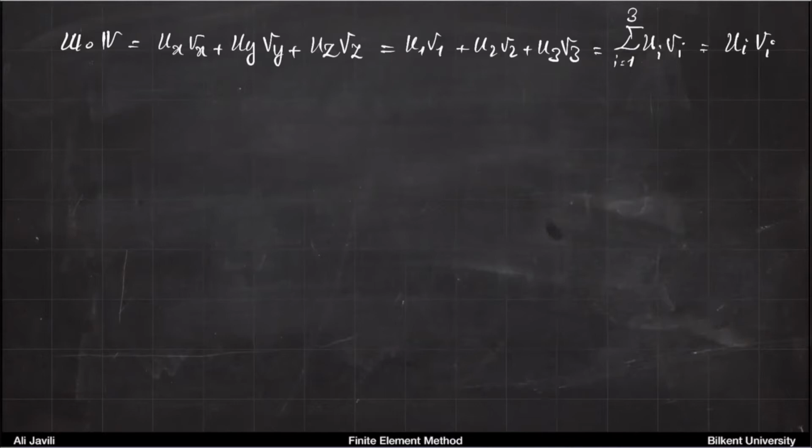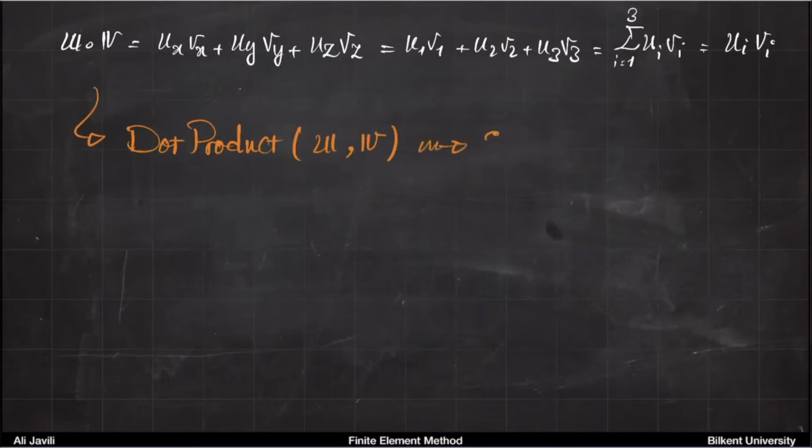Think of it as an operator, a function that takes two vectors, u and v, and the output is a scalar value.